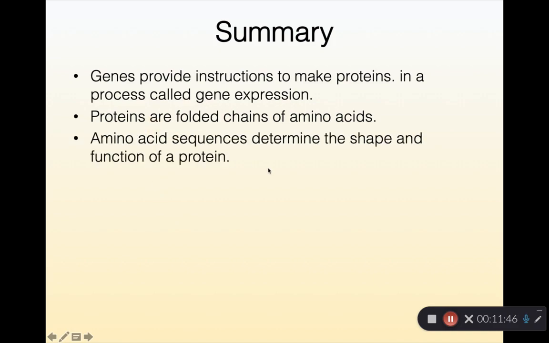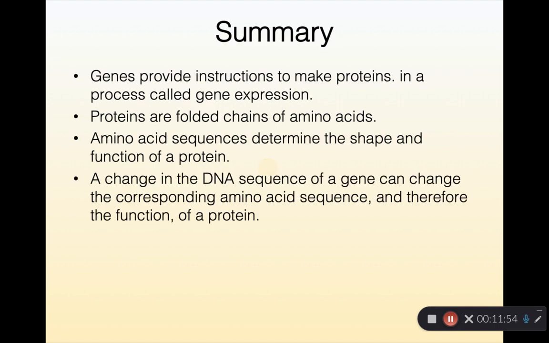And the amino acid sequences, so the order of the amino acids, determine the shape and function of those proteins. And any change in the DNA sequence of a gene can change the corresponding amino acid sequence and therefore the function of a protein.